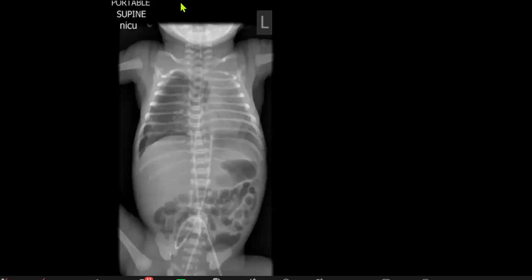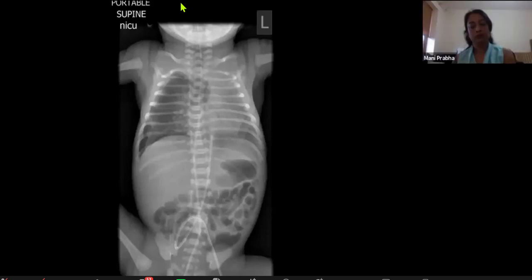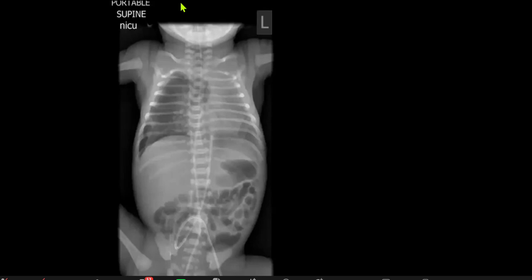The bowel gas pattern is unremarkable. So in summary, there is a UVC which is misplaced. There is a right pneumothorax with mediastinal deviation to the left. I'd inform the pediatric team.